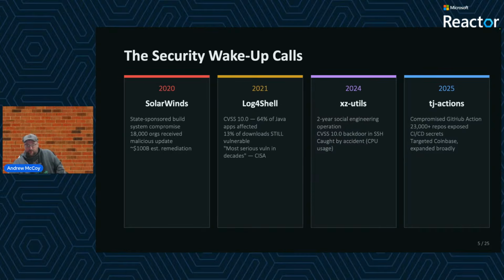And if we take a look at some of these major security incidents and how they've changed the thinking over the years. SolarWinds, back in 2020, compromised build systems, and it made a way for the attackers to gain entry into your internal networks and the code that you're writing. Log4Shell, I always used to joke when I would do demos, what if there's remote code execution in your logging framework?